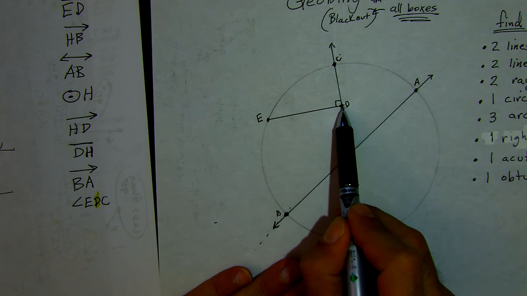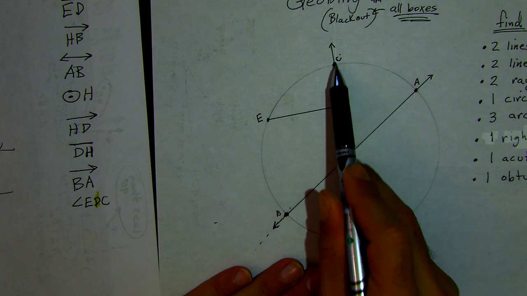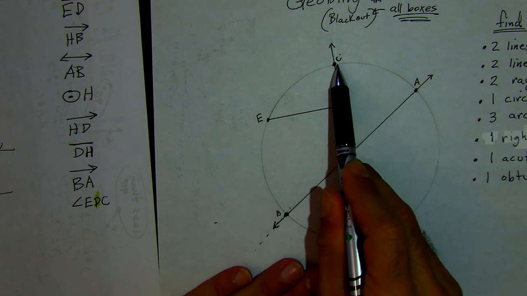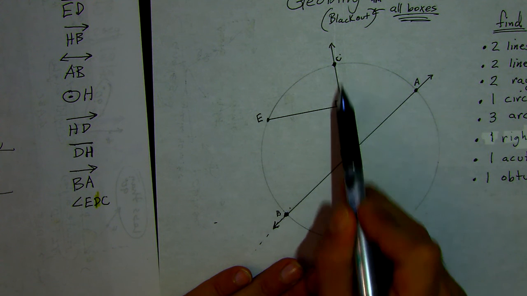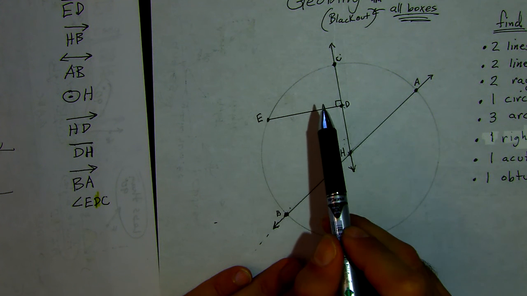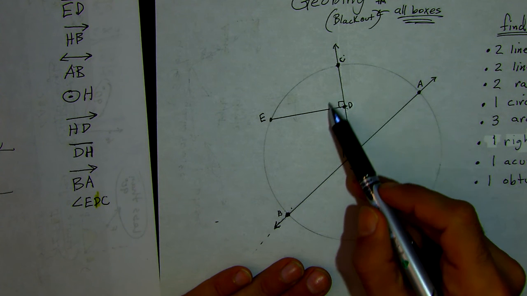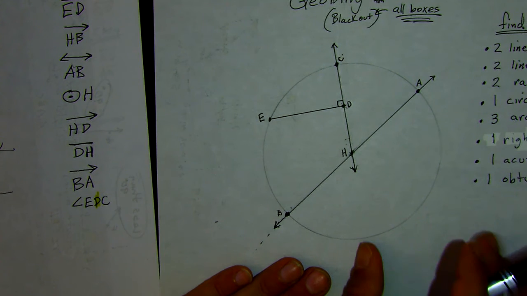D is the vertex. You see how it's in the corner. It makes the angle. Without the corner, you can't have an angle. Angle EDC is the same as angle CDE. You say, well, they're different letters, but it's talking about the same opening between these two rays. We're just labeling it differently.